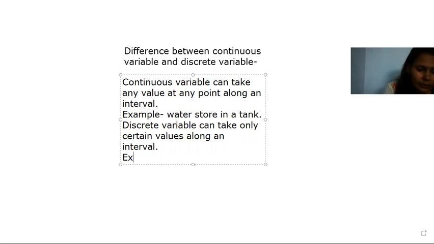For example, number of students in a class.